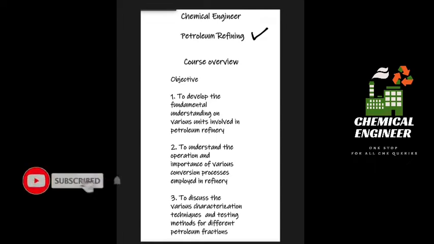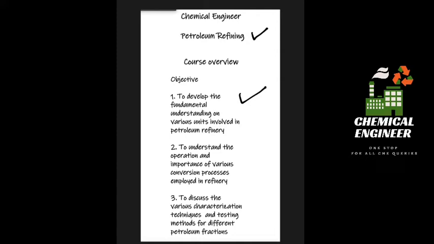The objective of this course is generally divided into three parts. In the first two chapters we will try to develop a fundamental understanding of various unit operations and unit processes involved in a petroleum refinery.